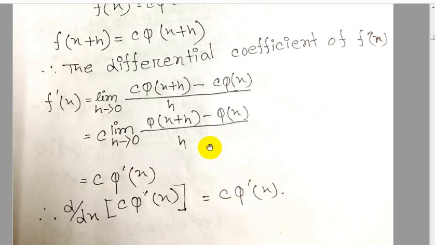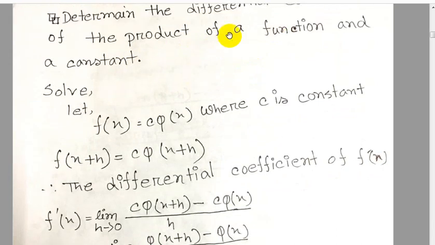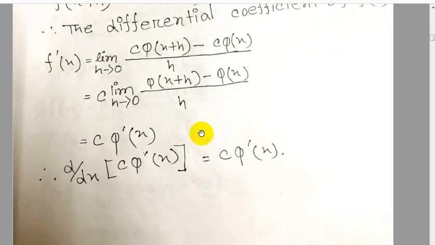This is the main thing of this problem. If you want to take the differential coefficient of the product of a function and a constant, you can take c out of the differential coefficient, determine the differential coefficient of the function, then multiply it by the constant c.